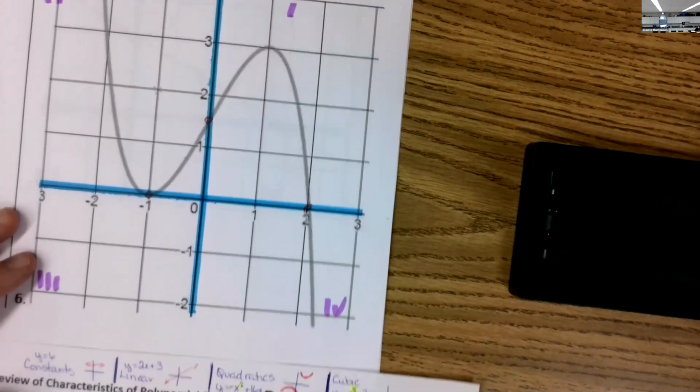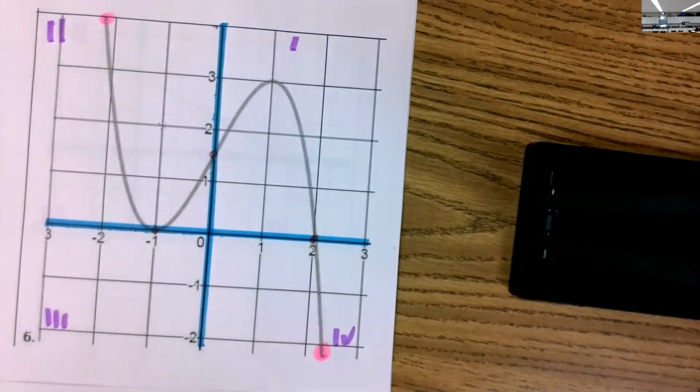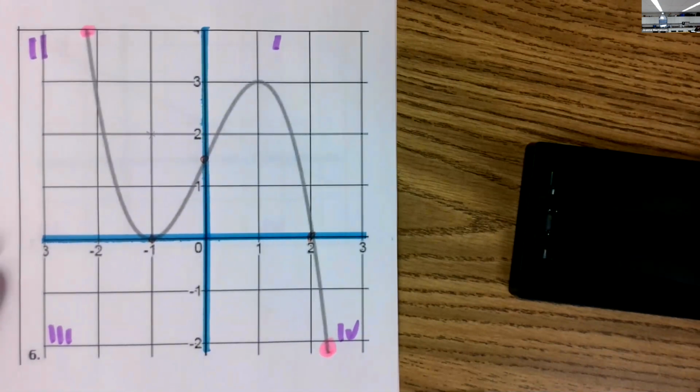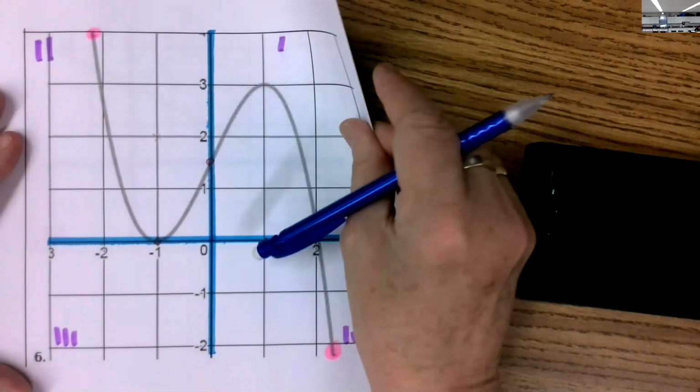Now, next graph. Cleveland, how about you? Where's that starting? 2 and 4. Beautiful. And that was said with confidence.